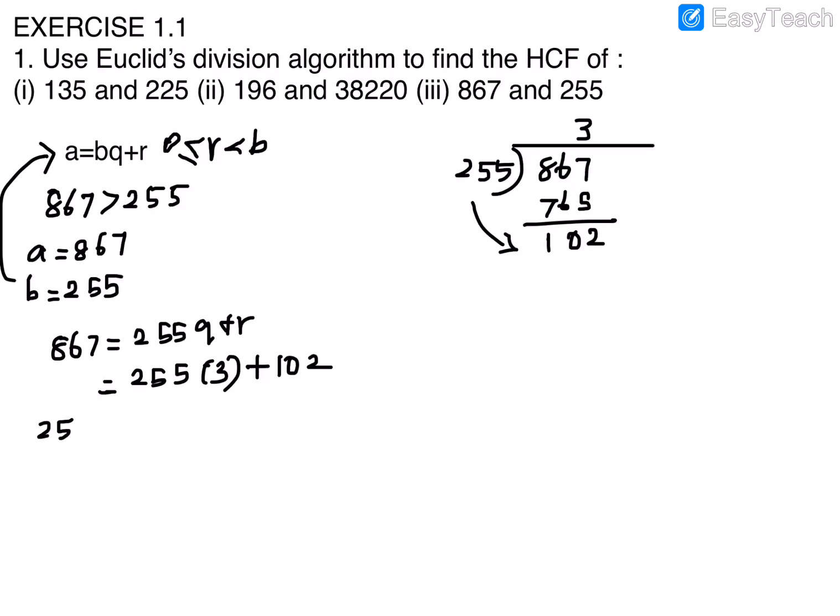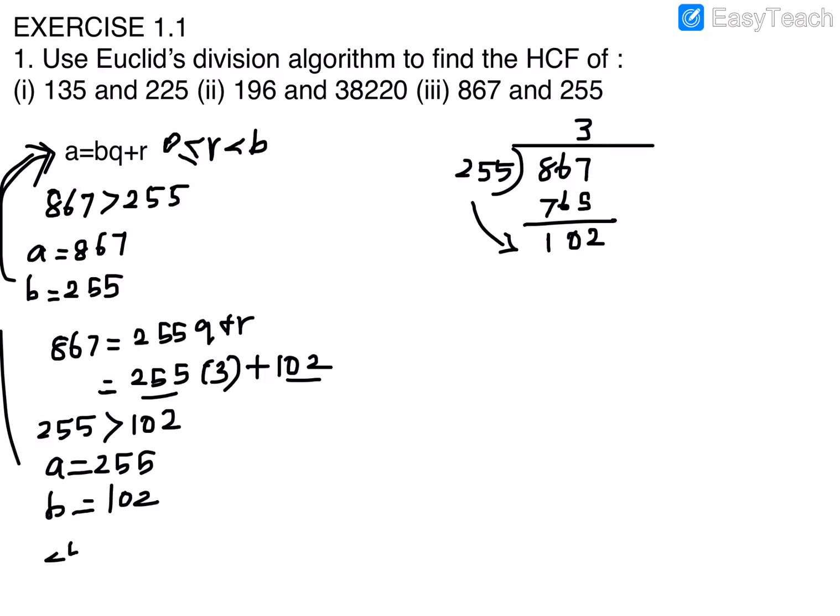And next step, let's compare these two numbers. 255 is greater than 102. So here A equals 255 and B equals 102. Substitute in the lemma, which gives me 255 equals 102 Q plus R. Let's perform the long division.